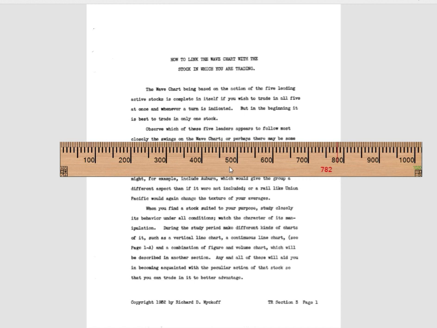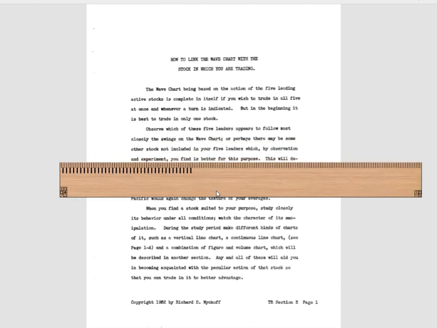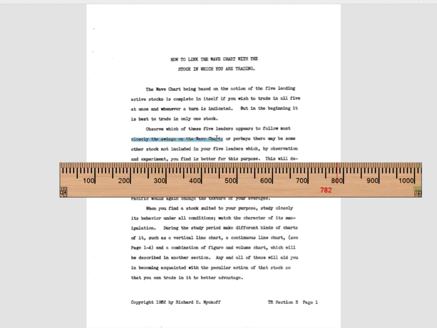So he's thinking, alright, you have 5 stocks and you created a wave chart of those 5 stocks. Now you have an option. You can take a look at the wave chart and, based on it, trade all 5 stocks at the same time, or in the beginning trade one of those stocks that mirrors the 5 leaders. As you can see, it closely follows the 5 leaders.